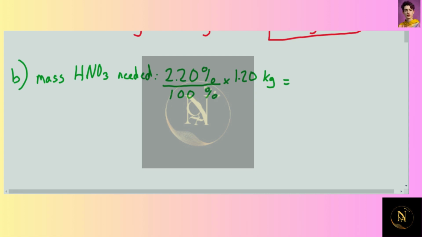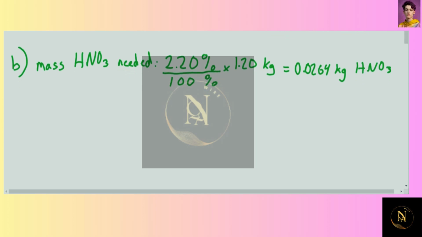And so if we multiply it by the percentage of nitric acid, then we'll get 0.0264 kilograms of nitric acid. So that's actually the mass of nitric acid we need. So the question is, what volume of concentrated nitric acid do we need to use to get that mass?